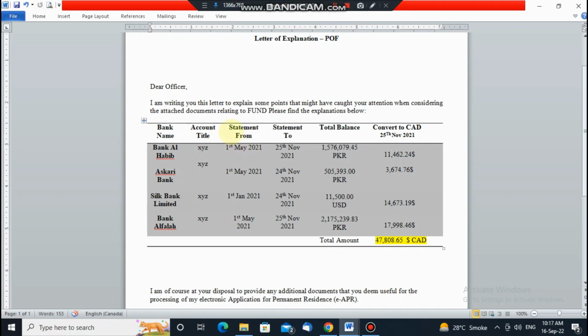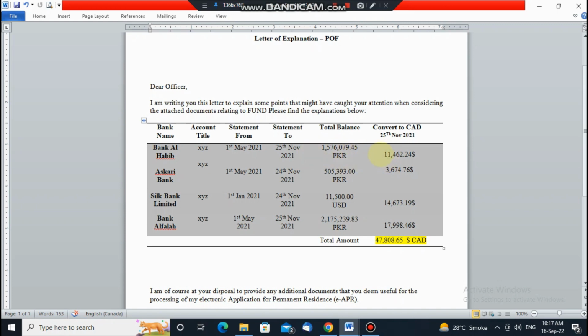And here I have written that I have provided the statement from 1st May 2021 to 25th November 2021. So I have written the statement period or duration, and the total balance at the end of 25th November, that was 1.5 million or thereabouts.